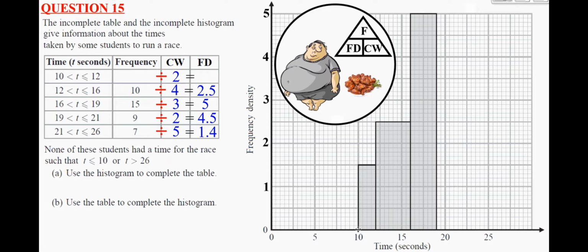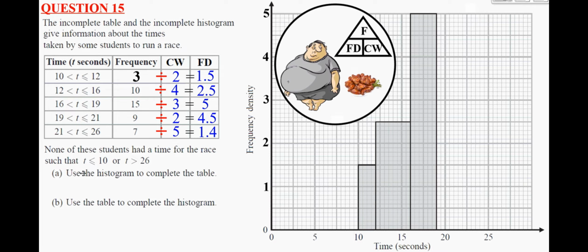We can see it's got a frequency density of 1.5. So if I add in here 1.5, I can then work out its frequency using the same formula again. If I cover up frequency, frequency is just going to be frequency density multiplied by class width. So 1.5 multiplied by 2, that means from 10 to 12 represents 3 people.